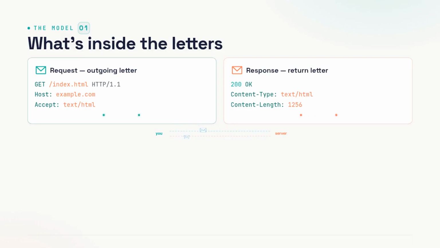Method, path, host going out. Status, headers, body coming back. That's the structure of every single exchange. And one catch most people miss: no request, no response. The facility never speaks until it's spoken to. Hold on to that. It's the key to the twist coming up.